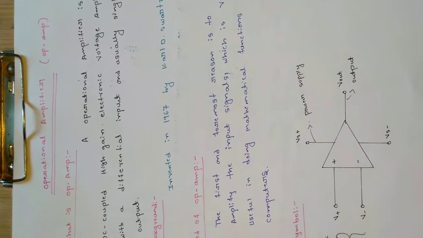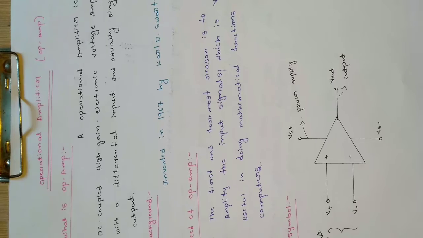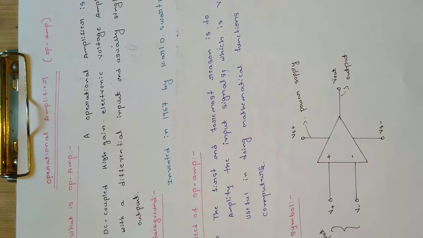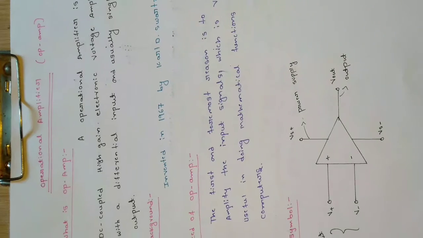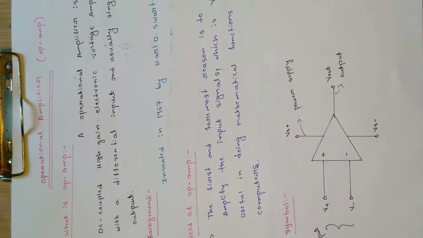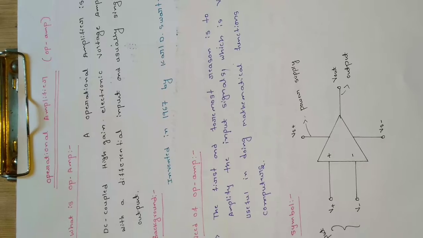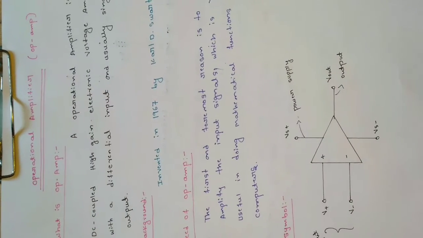So that's why we need an operational amplifier. It can be used as an integrator, summer, buffer, adder, subtractor, or any circuit which you can guess can be created with the help of an operational amplifier. So that's why it is very important to learn.